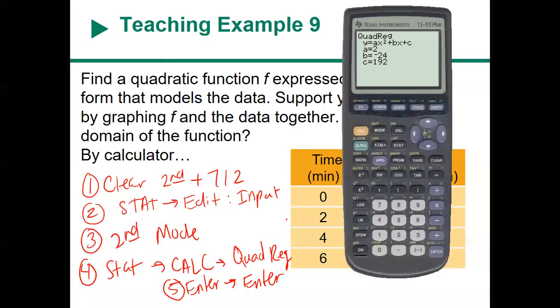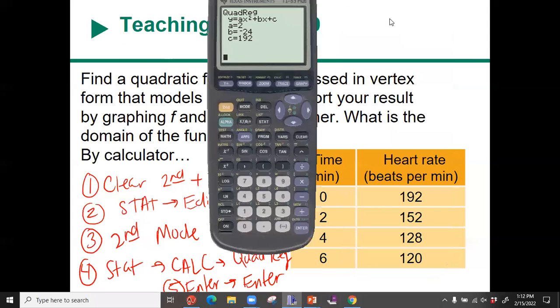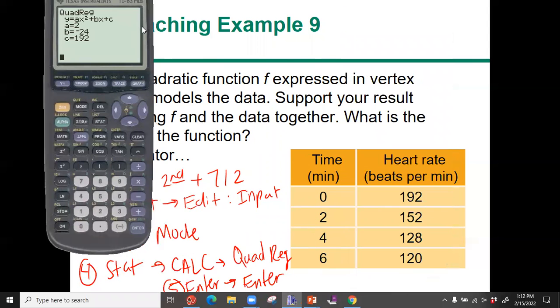I only pushed one enter at the top, but then I pushed another enter. If yours popped up on the 83s, I had to hit enter twice. I don't know why, guys. Is it more complicated than adding, multiplying, dividing?